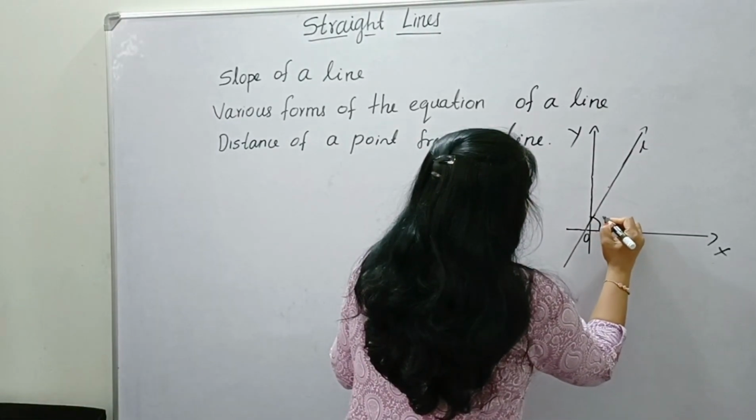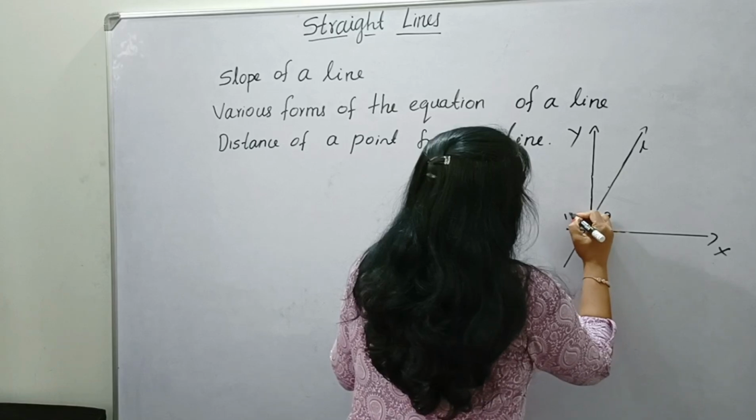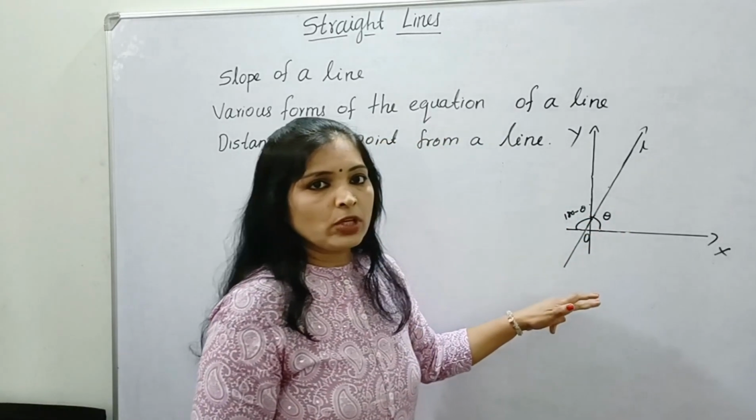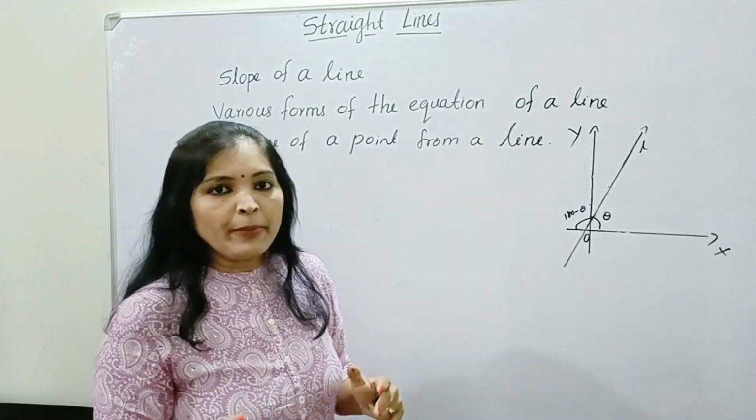If this angle is theta, this angle will be 180 minus theta, because the total is 180 degrees.